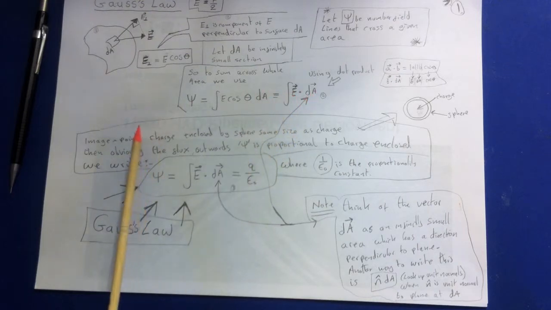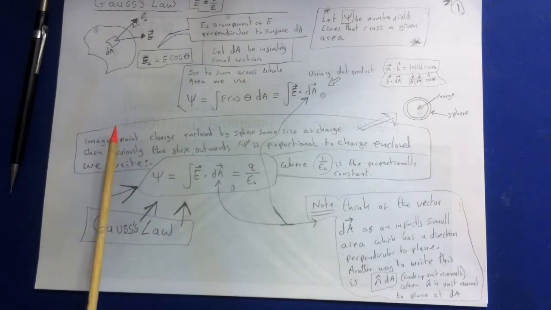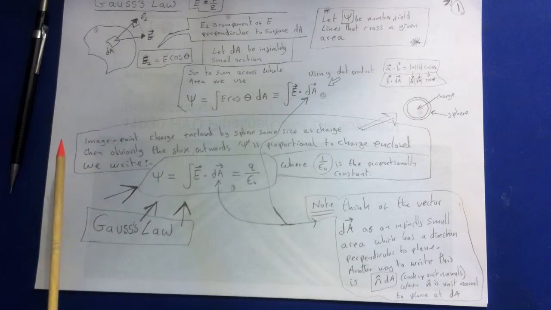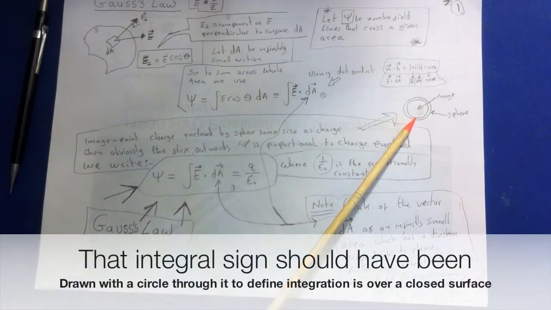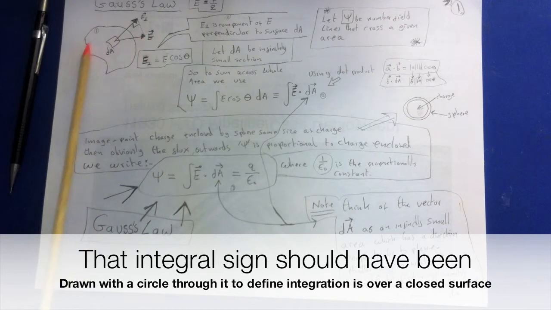Now let's imagine a point charge with a sphere around it as small as the charge itself. Then it's obvious that the flux moving outward is proportional to the charge enclosed, and this is what Gauss defined by writing that the flux, the surface integral of all the field lines leaving the surface, is simply equal to the charge enclosed.